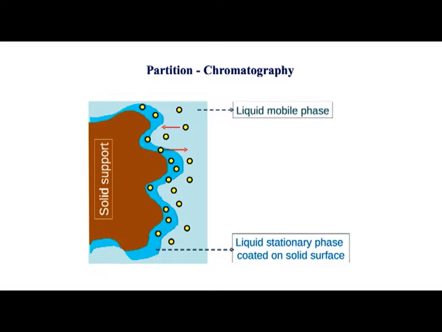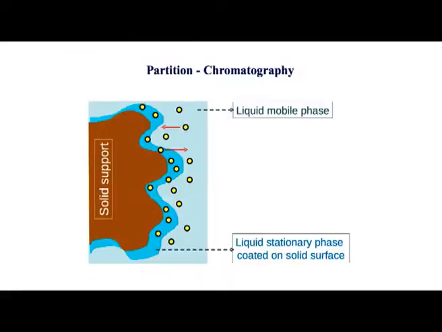Just like in any chromatography technique, we have another liquid or solvent that simply flows through the solid surface, that is the mobile phase. According to the relative solubility of the sample components in the stationary phase, the more readily soluble component in the mixture will go to the liquid stationary phase coated over the solid support, and its movement will be retarded in the stationary phase.